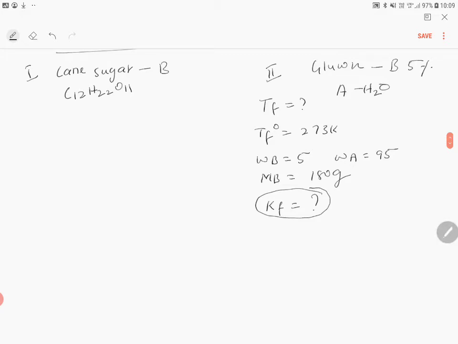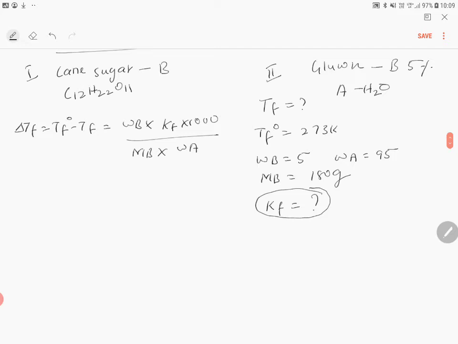So here delta Tf is equal to Tf naught minus Tf, that is equal to Wb into Kf into 1000 divided by MB into WA.